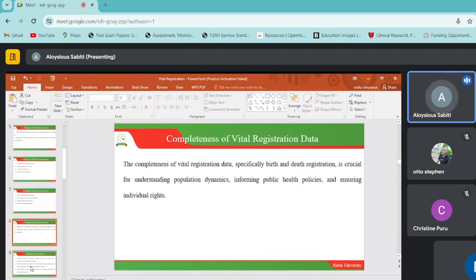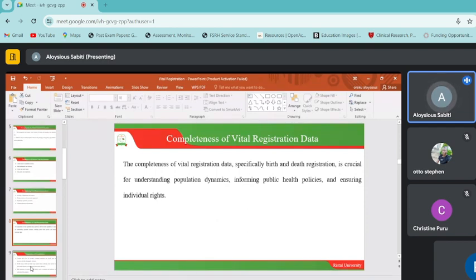So, what is completeness of vital registration data? The completeness of vital registration data, specifically birth and death registration, is crucial for understanding population dynamics, informing public health policies, and ensuring individual rights.